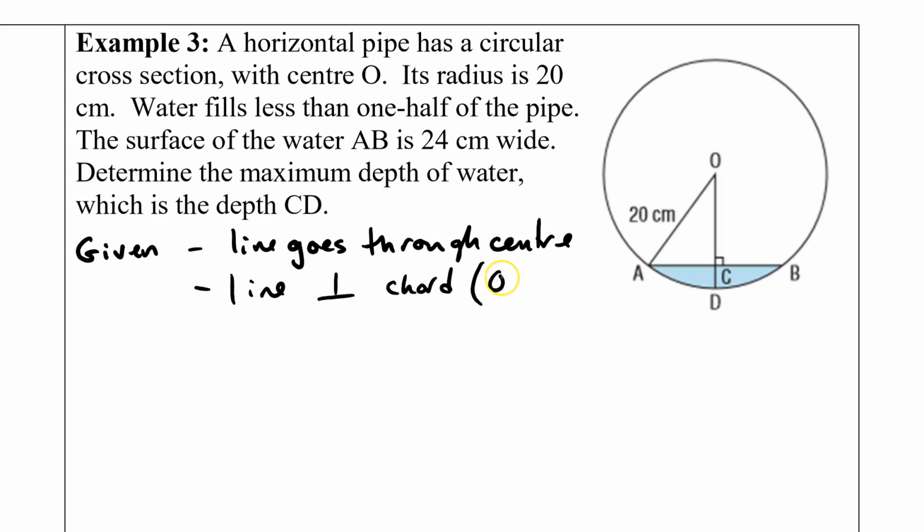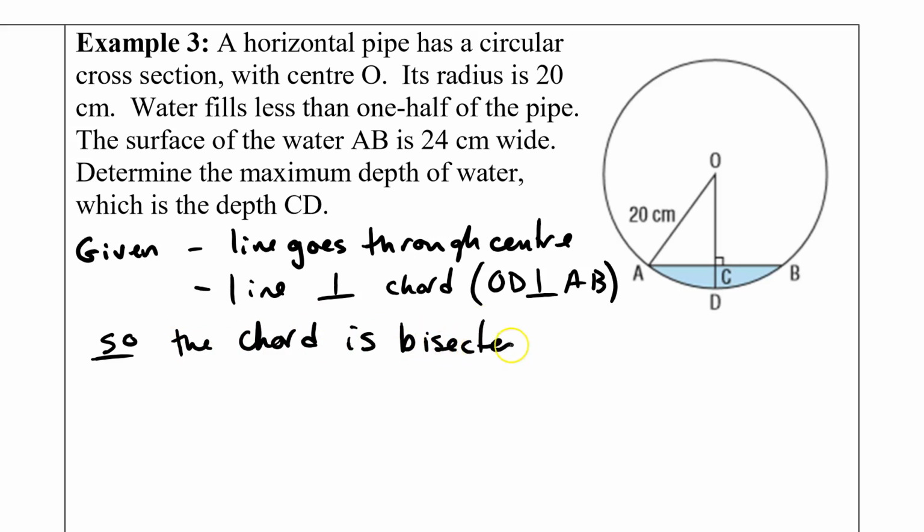So I can even say OD is perpendicular to AB. So that means that the chord is bisected. So I can say that this equals this.